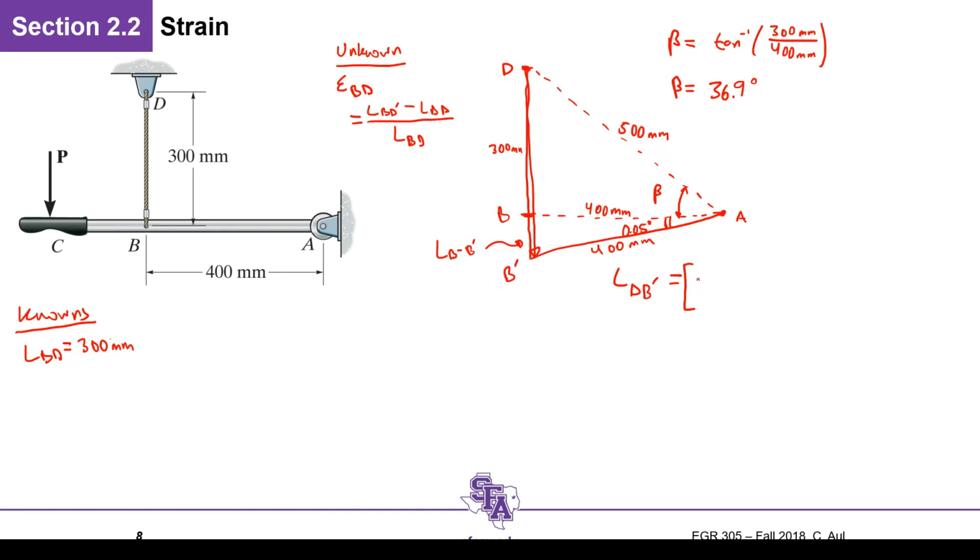We said 500, right? So it'd be 400 millimeters quantity squared plus 500 millimeters quantity squared minus 2 times 400 millimeters times 500 millimeters, and this quantity multiplied by cosine now of beta plus 0.05, right?